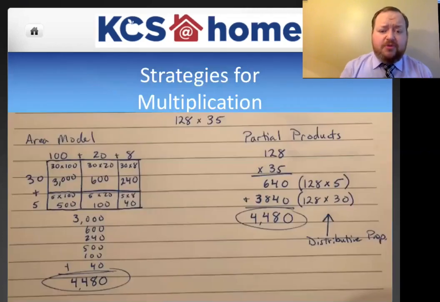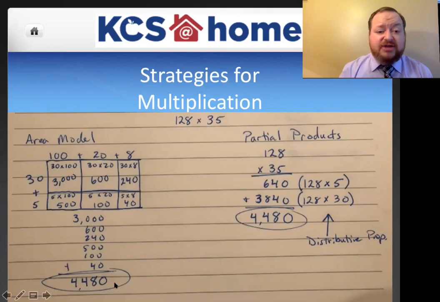Now, I did want to do a quick review for you about our strategies for multiplication. I took the problem 128 times 35, and over on the left, you'll see I used the area model, breaking apart my first factor, 128, across the top, breaking apart the 35 here on the left, multiplying each of those, getting all those answers, adding them up to find 4,480.